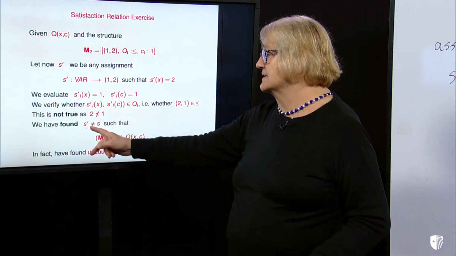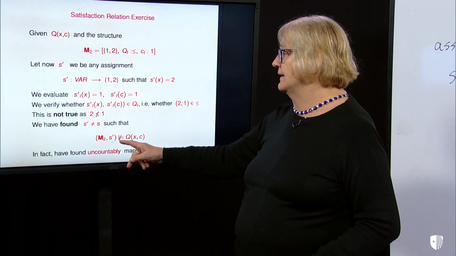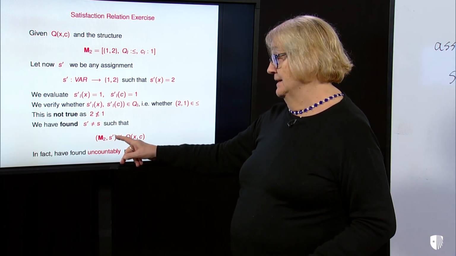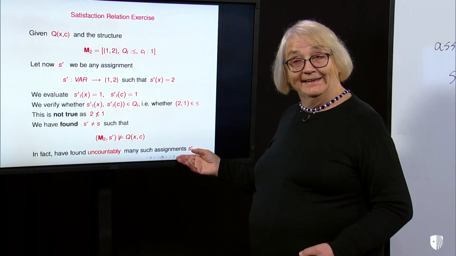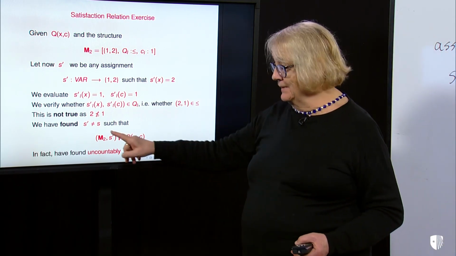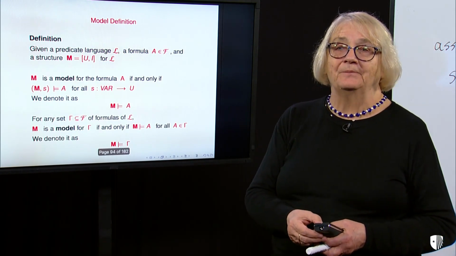So we found a different S prime such that M with S prime does not satisfy our formula. And again, in fact, we have found uncountably many such S prime.